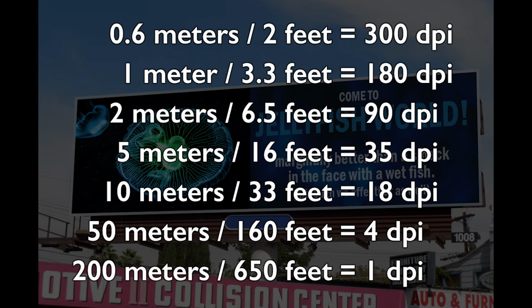It shows how many meters away you are because, let's face it, most of the world works in meters these days. And just for the sake of being difficult, I'm showing you how many dots per inch you are advised to have when looking at something from a meter away or however many meters away. And you can see that the further away something is, the amount of dots per inch you need goes down pretty rapidly.